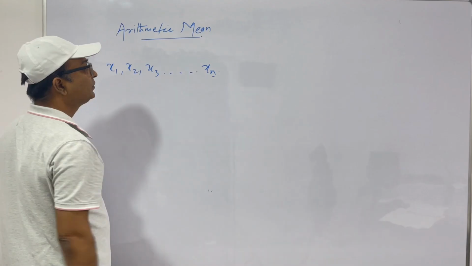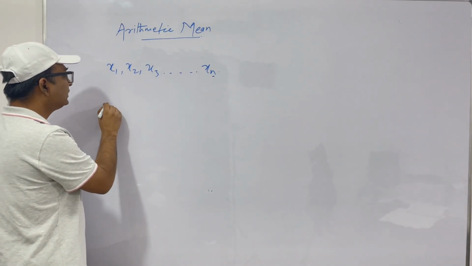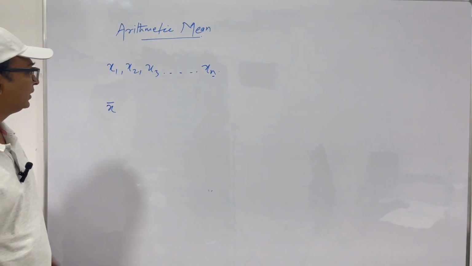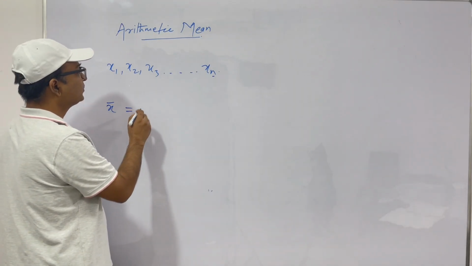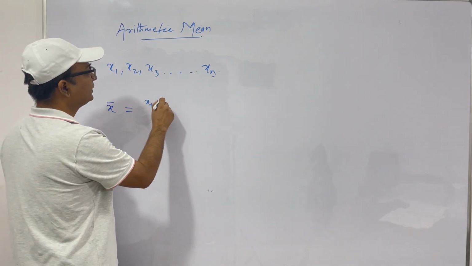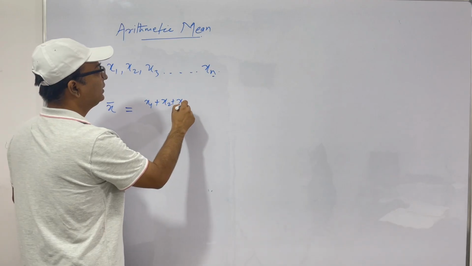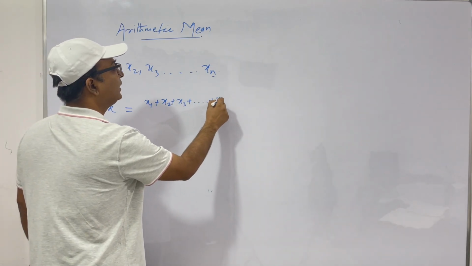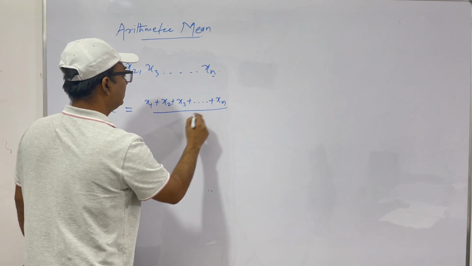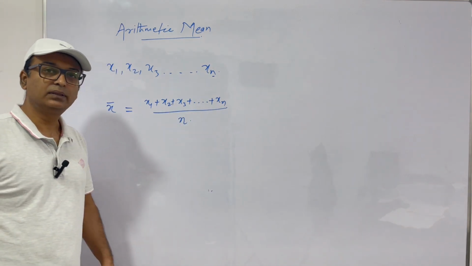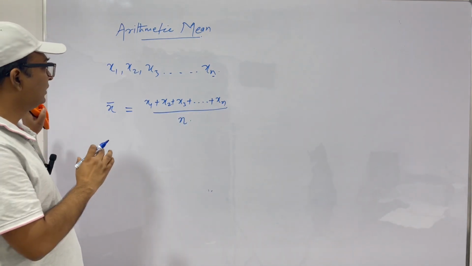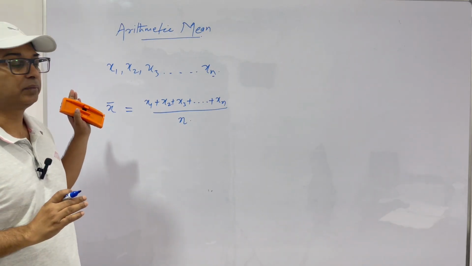It's small n. Then arithmetic mean, it's written like this: x bar is defined as x1 plus x2 plus x3 and so on up to xn by n. This is arithmetic mean, the very basic definition of arithmetic mean.